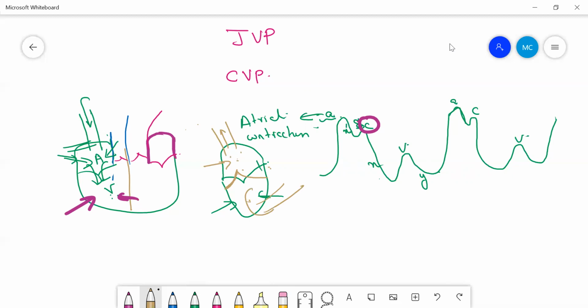So when the ventricle is contracting, the pulmonary valves are going to open, and there is going to be ventricular ejection, and at the same time, there is going to be atrial relaxation. So during this time, the pulmonary valves are open and the blood from the ventricles is being ejected, with the atria relaxing.